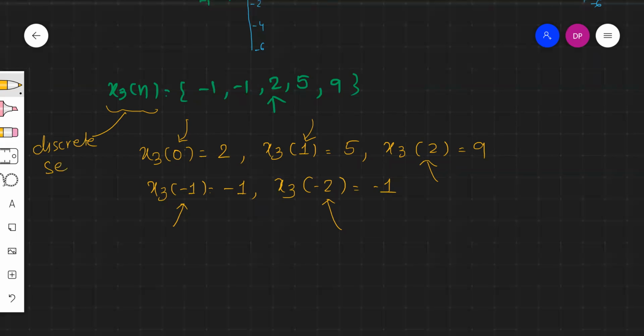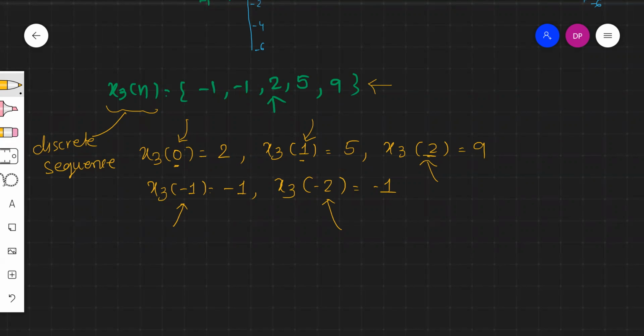This is called a discrete sequence. It's not a discrete time signal. There is no time here. You have n, so it is called a discrete sequence. The sequence value at different index points, let's say x3 of 0, 1, 2, can be known based on the expression of the sequence that is given.